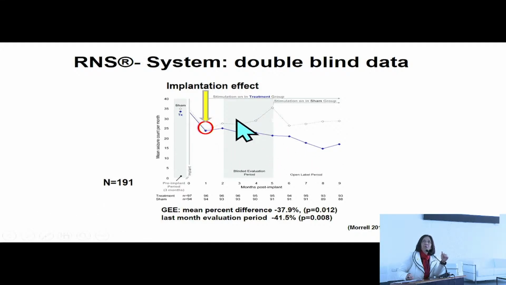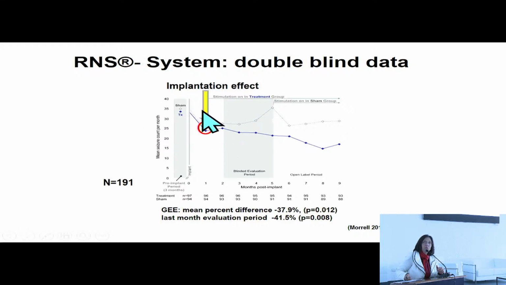However, what we noted is that if you stick the stimulator in without doing anything, not switching it on, your seizures drop by about 20%. We now know this is called the implantation effect. If you stick anything in the brain, anywhere, you get 20% fewer seizures for whatever reason.